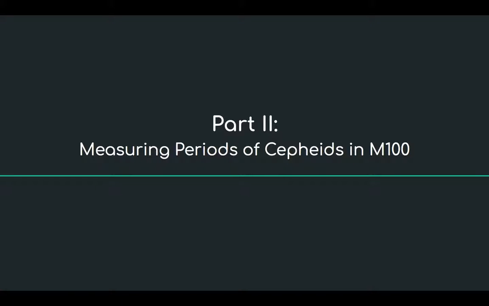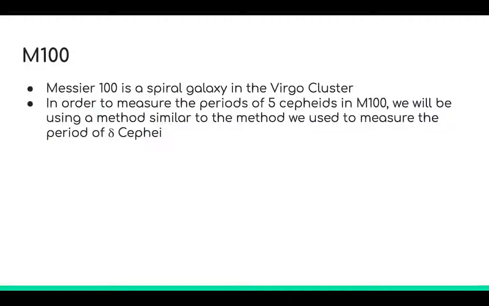So the second part to this project was characterizing M100 and measuring the periods of some Cepheids in that galaxy. M100 is from the Messier catalog, and it's a spiral galaxy in the Virgo cluster, our favorite cluster. In order to measure the periods of 5 Cepheids in M100, we're going to be using a similar method to the method that we were using to measure the period of Delta Cephei.